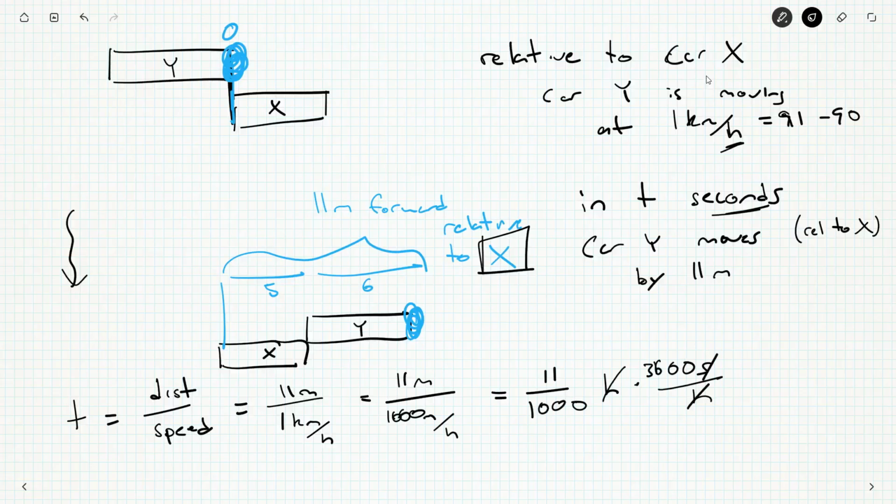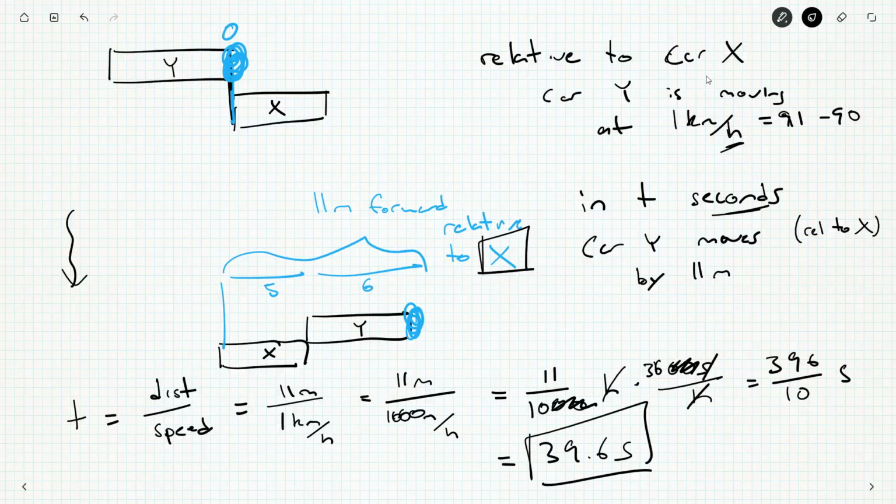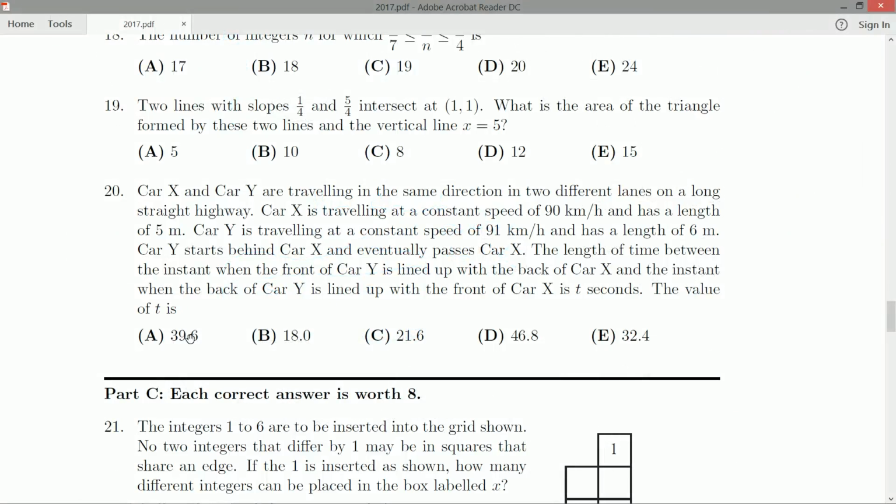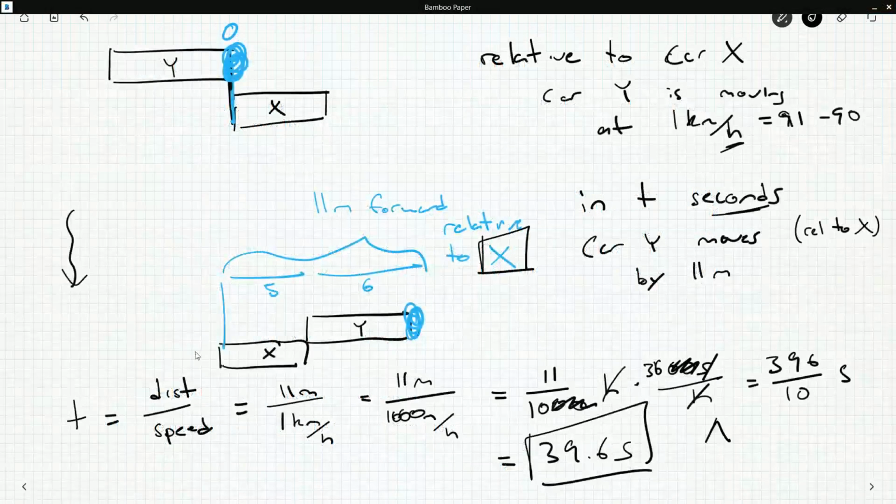That all cancels. 2 of the zeros will cancel here. So it'll be 396 over 10 seconds, and that'll be 39.6 seconds, and I think that should be our answer. And 39.6 is one of the possibilities, so that's what we're going with. A.